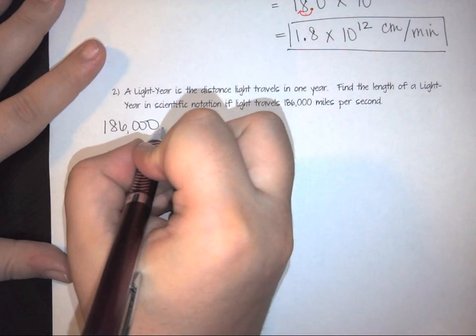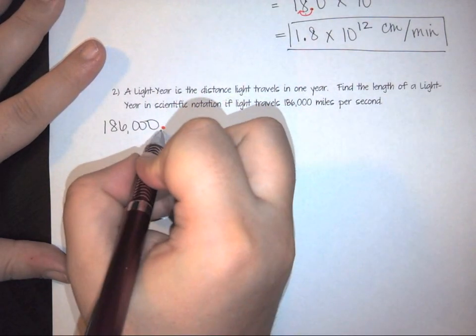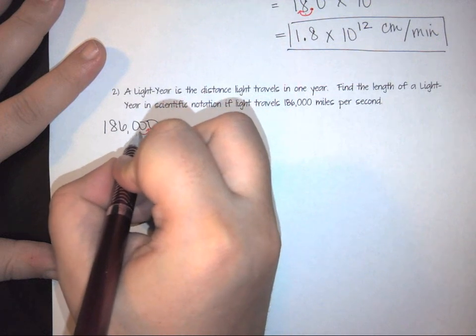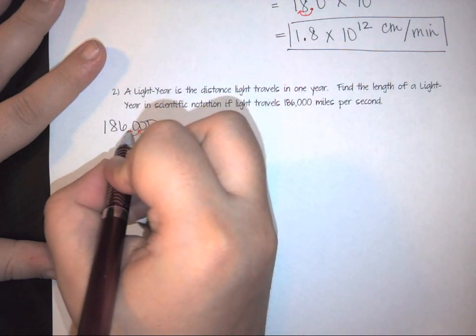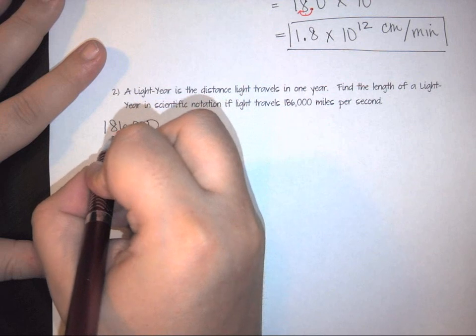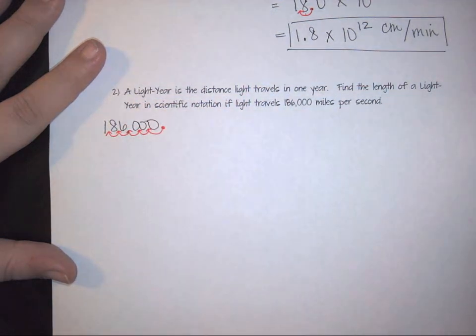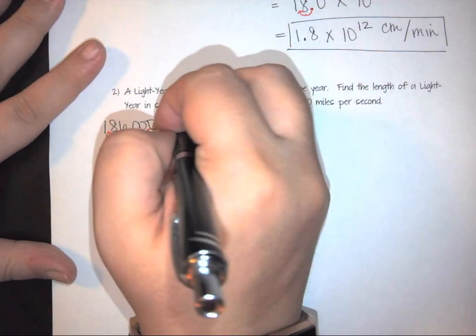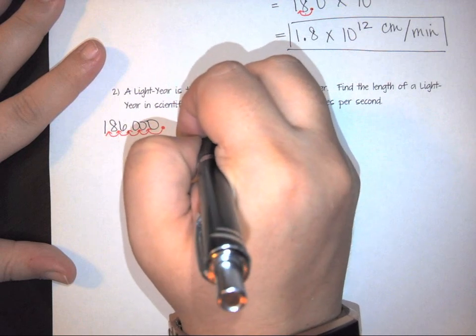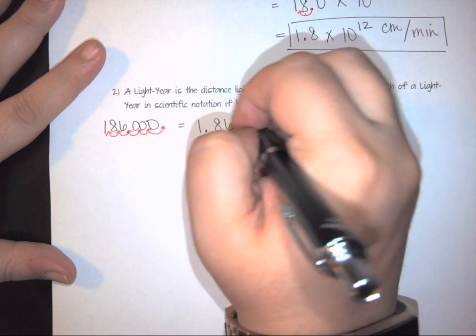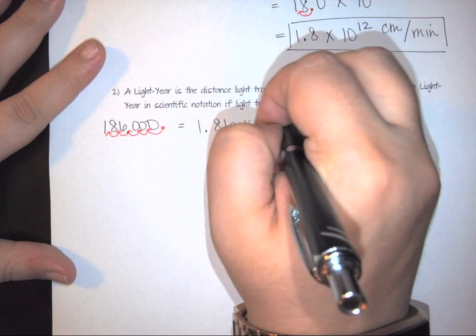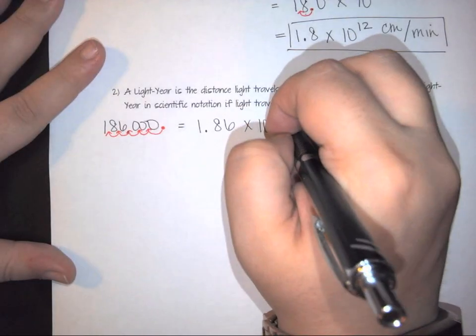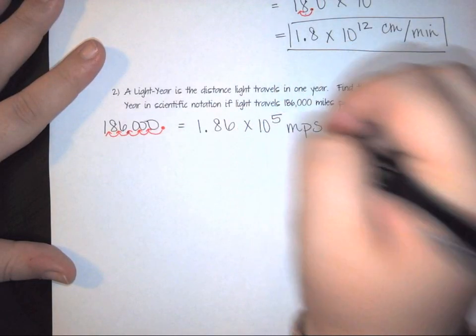So again, my decimal point would be at the end, so we need to move it 1, 2, 3, 4, 5. So this here would be 1.86 times 10 to the 5th, and this is miles per second.